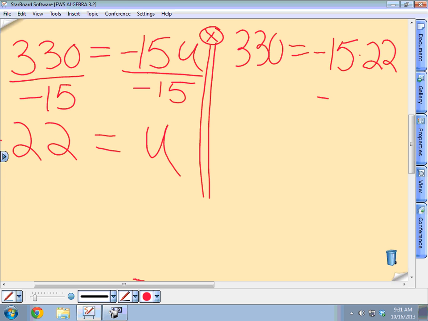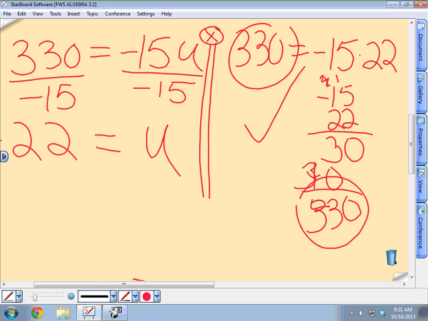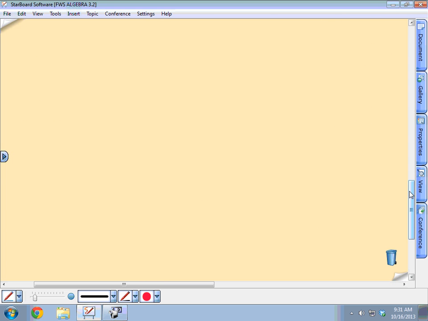And then if I take negative 15 and multiply by 22, what do I get? 330. Oh, I had an extra one over there. So it's 330, which equals 330. So you know it's right. So if you do that part, you can always check your work.